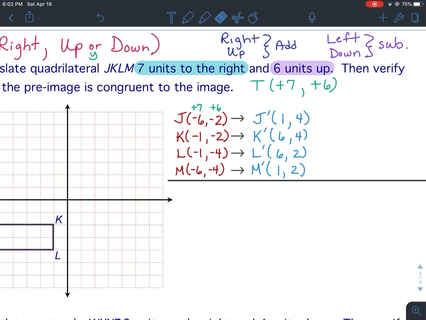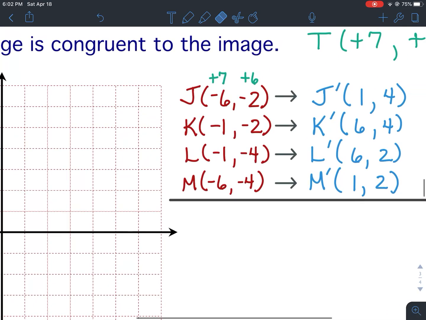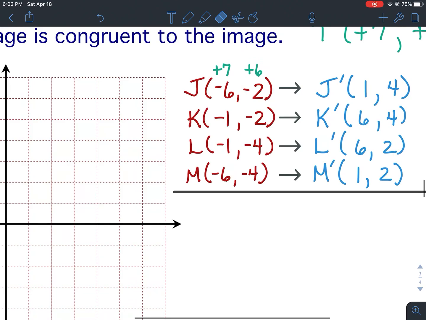Well, they are positive, so I'm going to the right, and their y-coordinates are positive, so I'm going to go up. So for J prime, it's going to be in this first quadrant. Starting at the origin, I go over 1, up 4. And that's where J prime will be located.